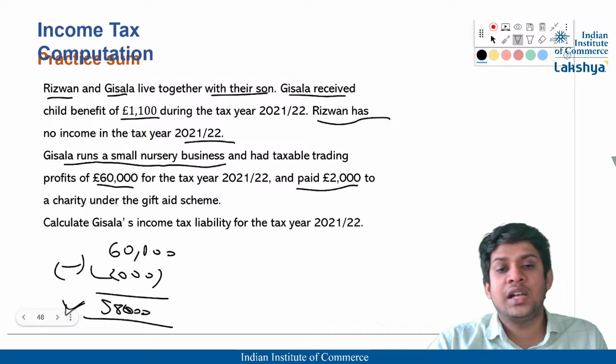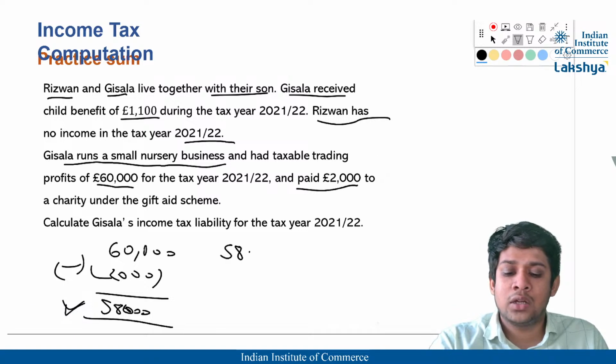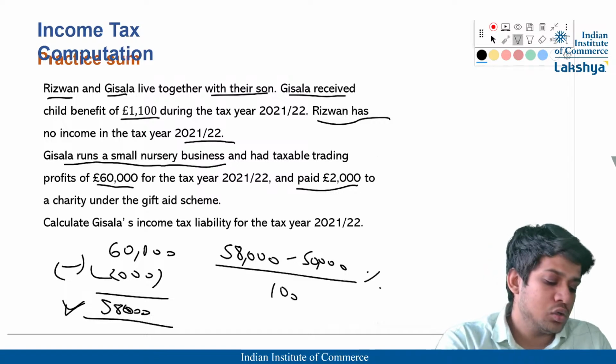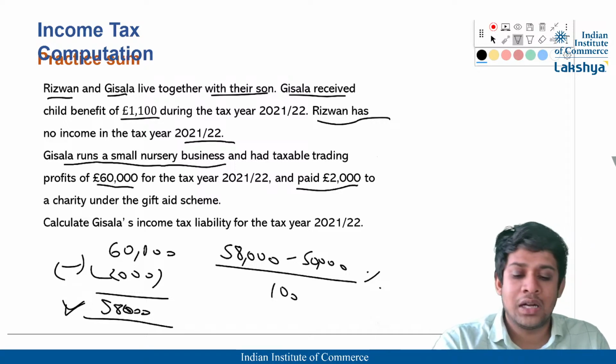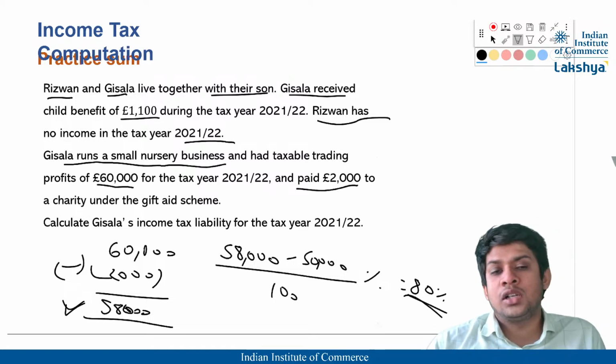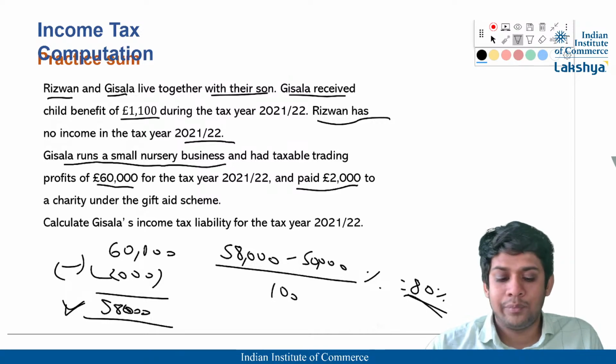The adjusted net income is still above 50,000, so you will calculate 58,000 minus 50,000 divided by 100. That is 8,000 divided by 100, which gives you 80%. So 80% of the child benefit is to be paid back as a tax charge.